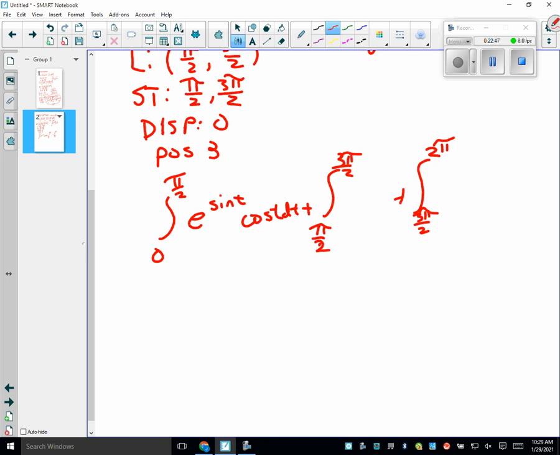Cosine t dt. By the way, we could take the antiderivative of that. No, it doesn't, because if u is sine of t, isn't du cosine t dt, so all I have is the integral of e to the u.